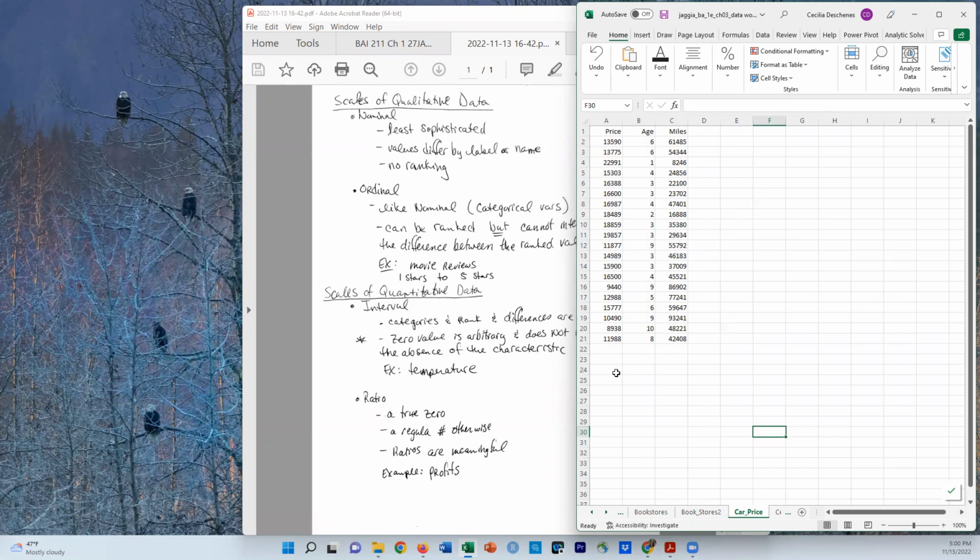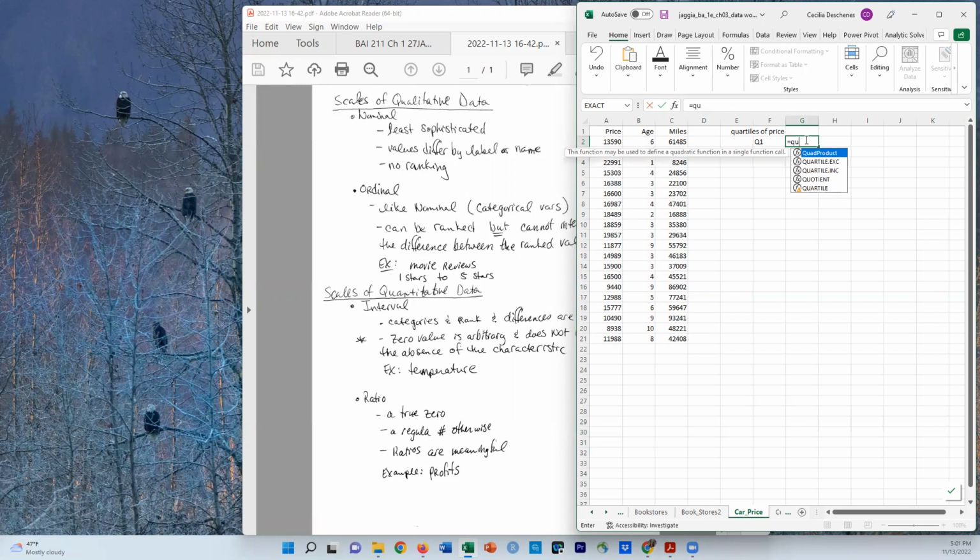So one thing that we could do, I'll just do it right over here. I'm going to say Q1 and Q3. So the first and third quartiles. When you do this in Excel, Excel is going to give you some choices.